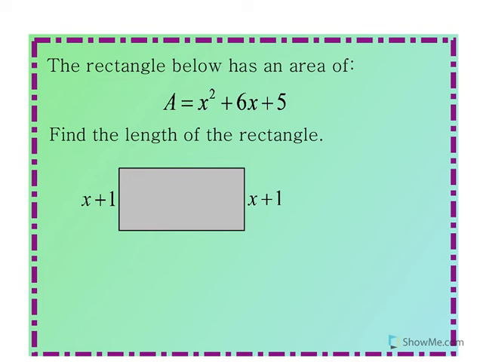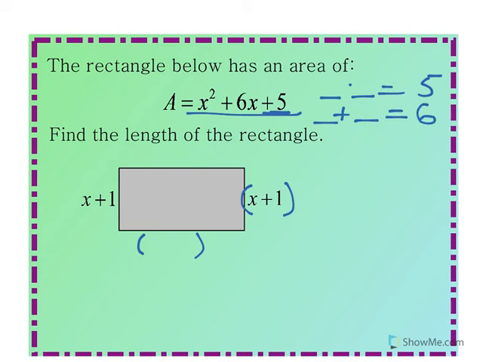Let's take what we've learned now and apply it to a somewhat real-life situation. Area of a rectangle is x squared plus 6x plus 5. We know one of the dimensions is x plus 1. The question is, what is the other dimension? So here's what we need to find out. We need two numbers that multiply to the 5, which is our C. Those same two numbers need to add to 6.